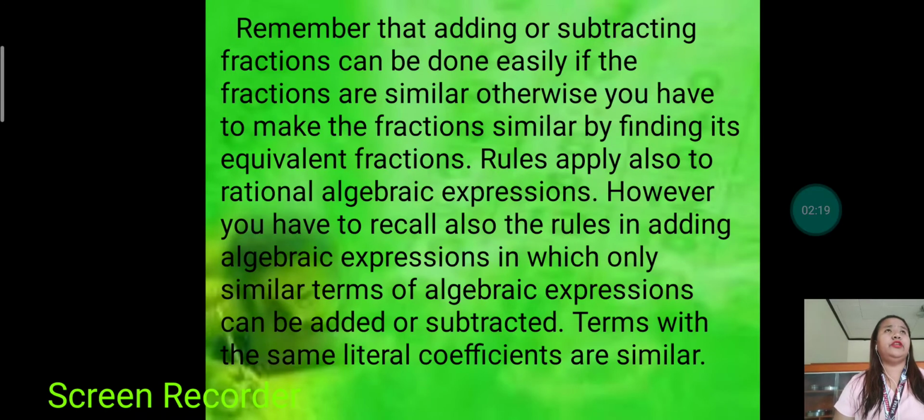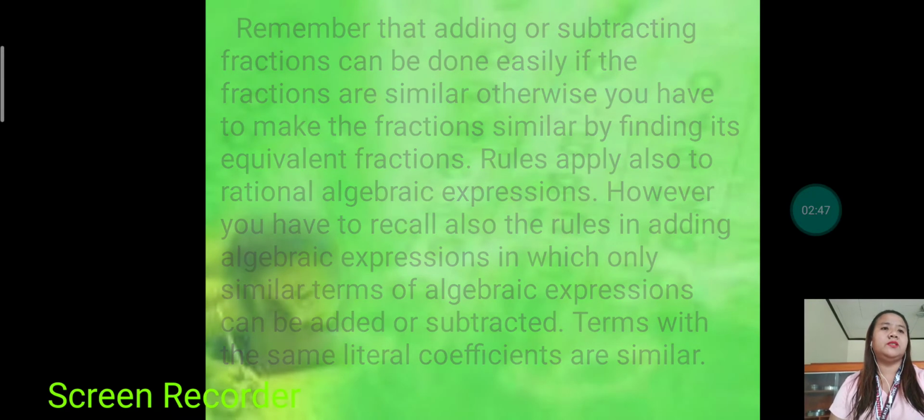Since our video for today is only about adding and subtracting similar rational algebraic expressions, we're going to have similar algebraic expressions, so that you can focus on adding and subtracting the similar rational algebraic expressions.